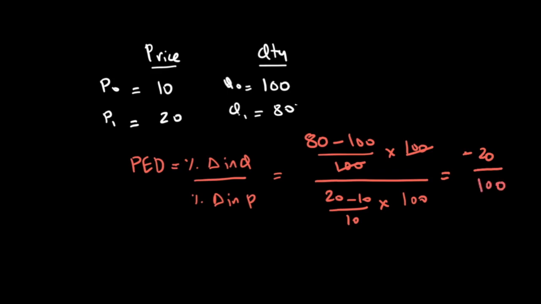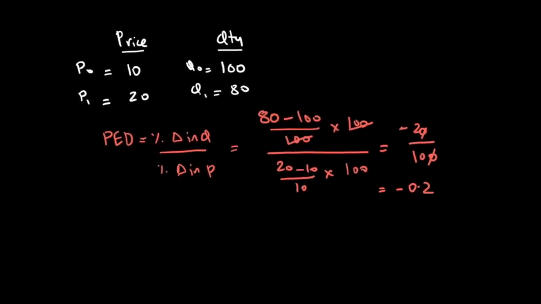So I'm looking at minus 20 over 100, or I can cancel this as well, so that will be 2 over 10 or 1 over 5, which is equal to minus 0.2. Now the minus means, of course, there is an inverse relationship between price and quantity demanded, but 0.2 means that this relationship seems to be what we call inelastic, and I'm going to talk about this in a little while.